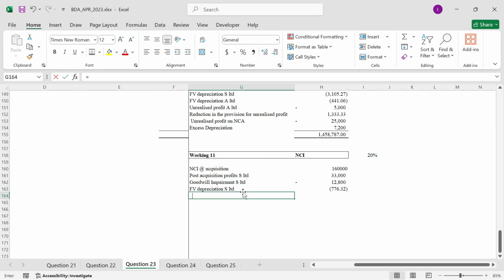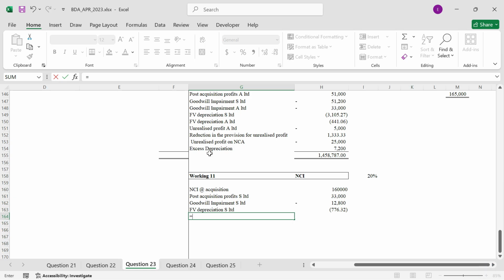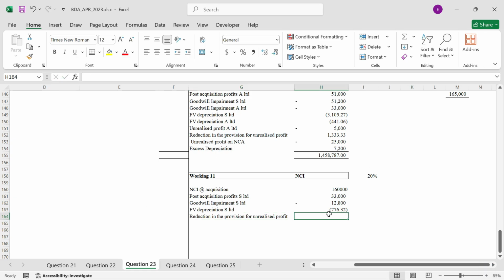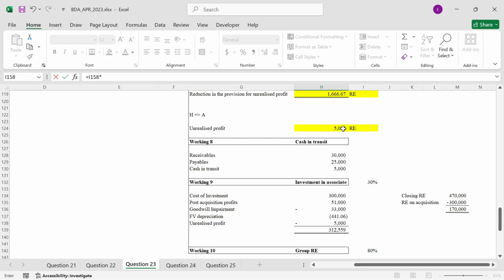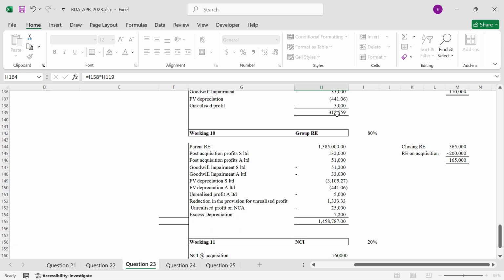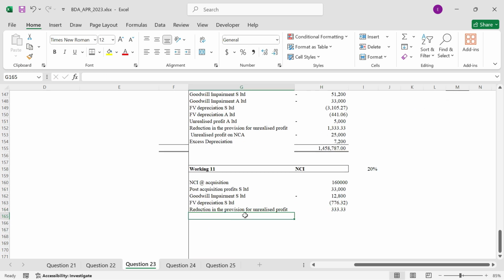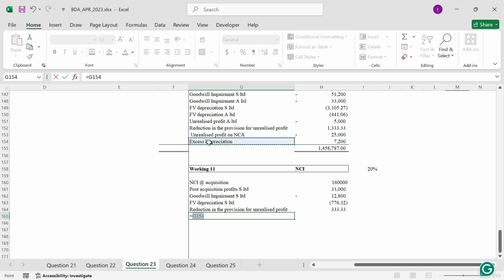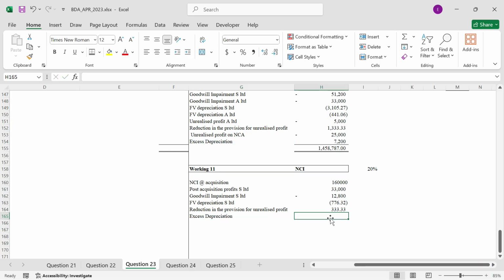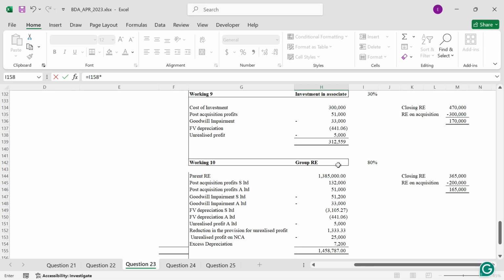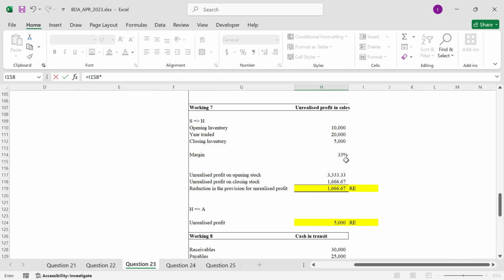Next thing that affects S is this reduction in the provision for unrealized profits, equal 20% of this. Then finally, I have excess depreciation, which would be 20% of my excess depreciation.